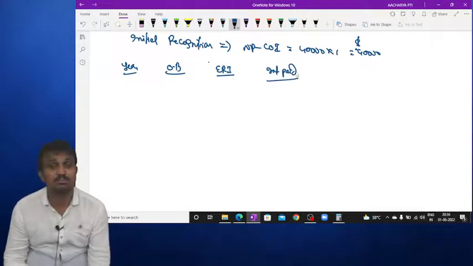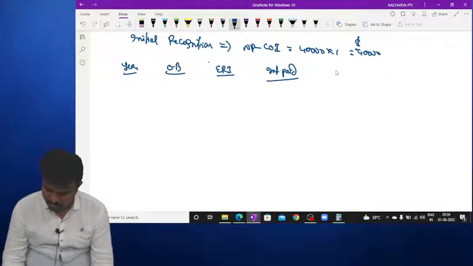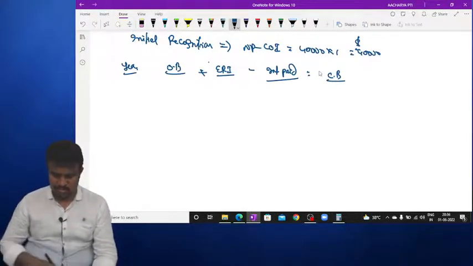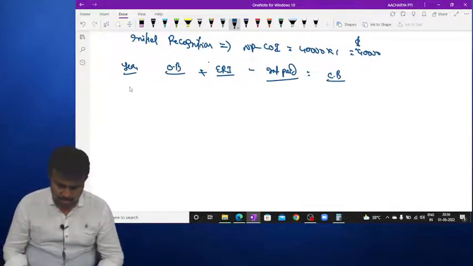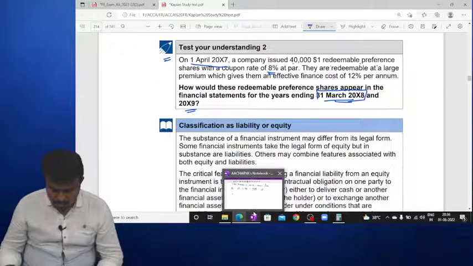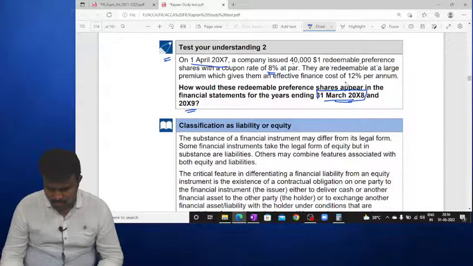Interest here is nothing but dividend. Then closing balance: opening plus effective rate minus interest paid is closing balance. So we need to calculate for 2 years, right? The effective rate is 12%, and the coupon rate is 8%.